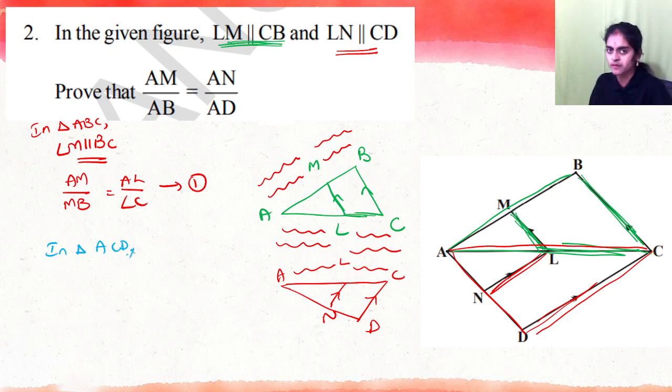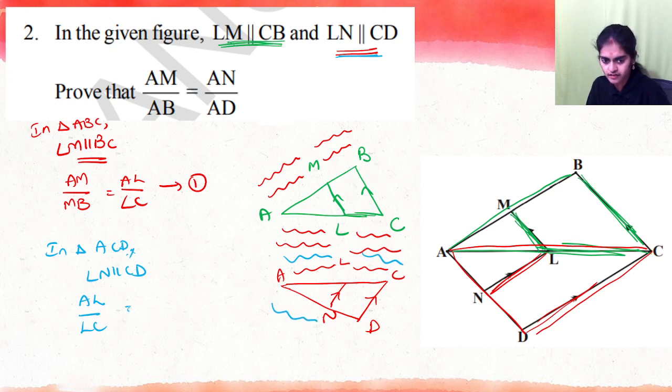You should know how to name the triangles at least. In ACD, what is given? LN is parallel to CD. This is the second point of the question. So I can write AL by LC is equal to AN by ND.